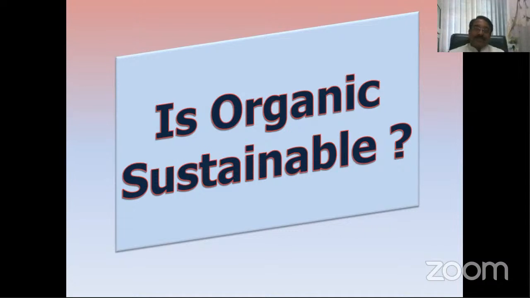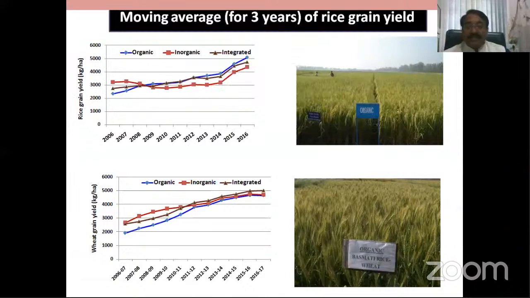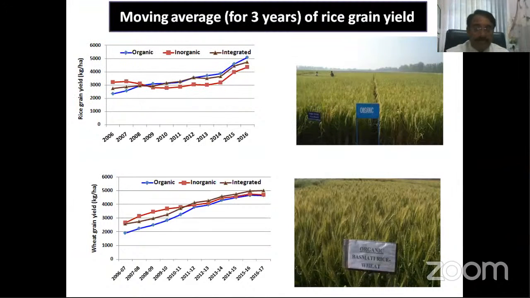Whenever I used to present before, initially on organic, people used to ask whether organic is sustainable or not. So from my whole experience, I will say organic is very much sustainable in terms of productivity. Most of the research is on basmati rice.